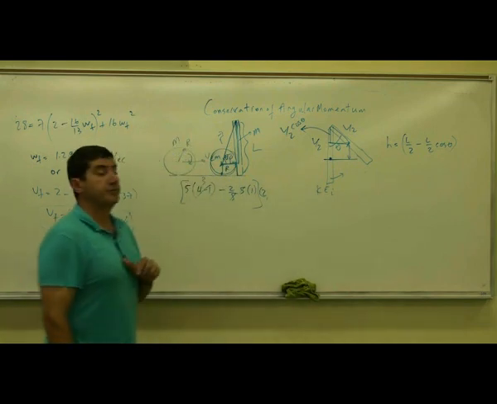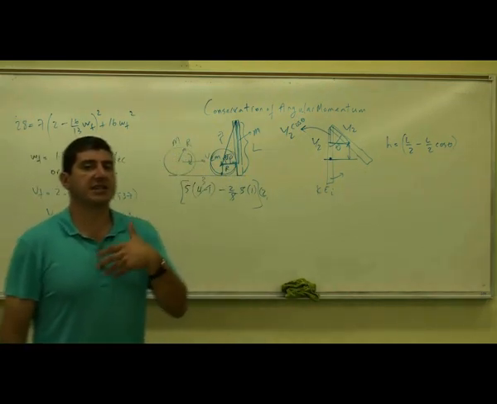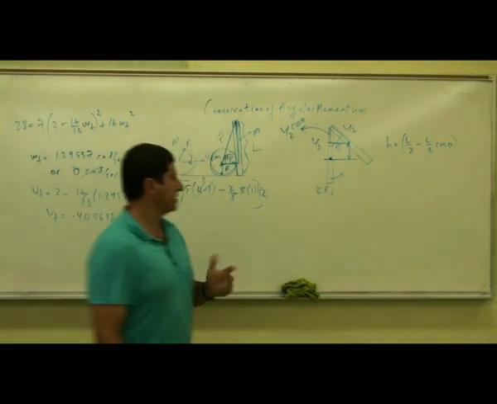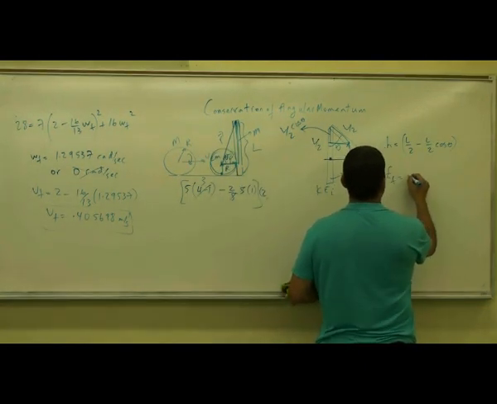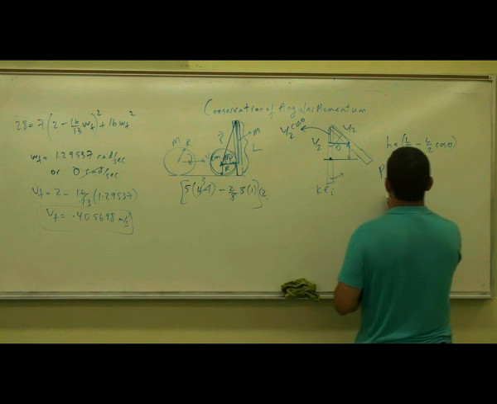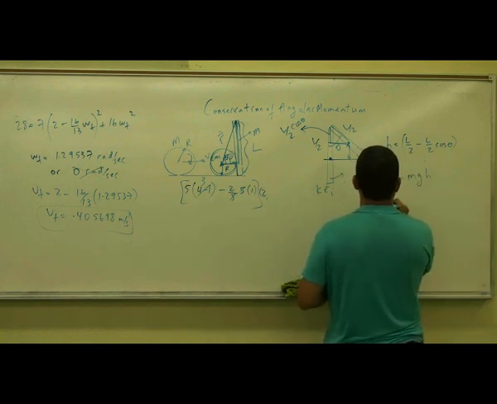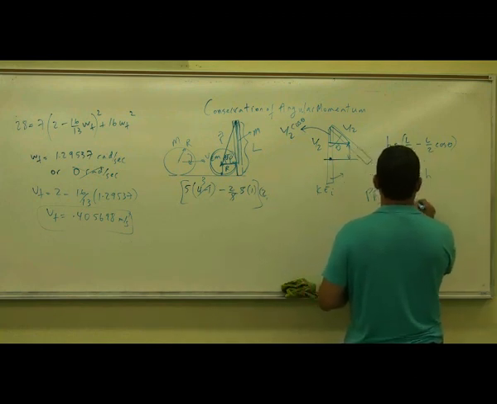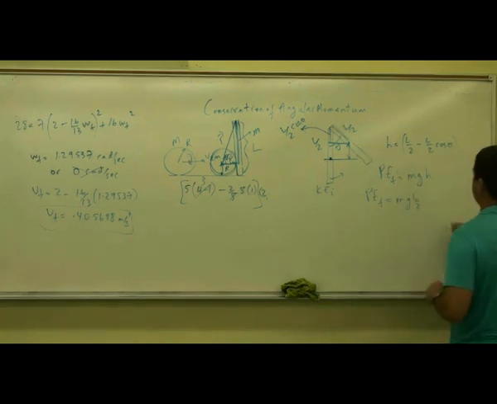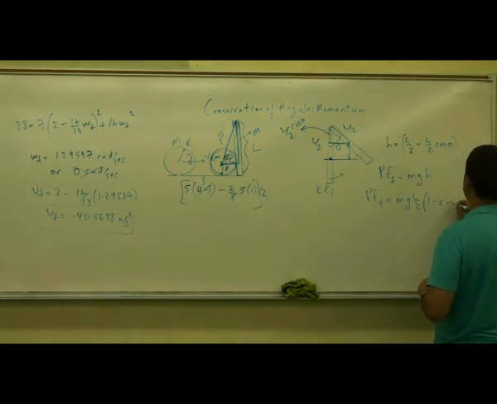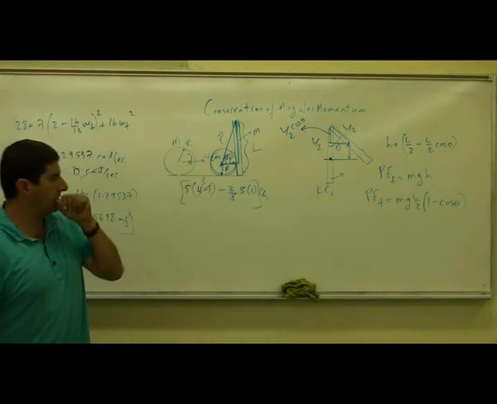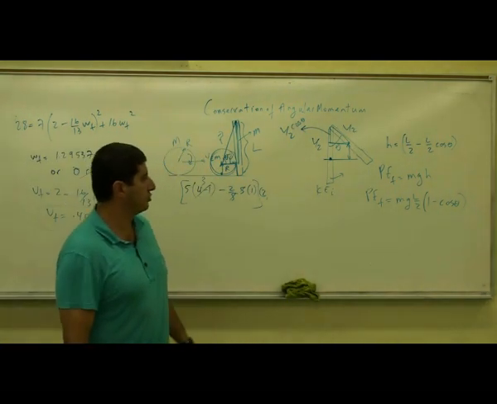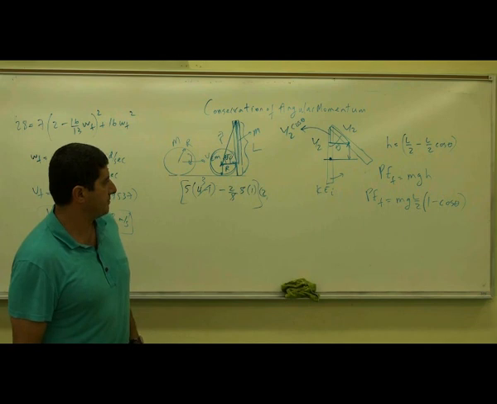Okay? So the potential energy that the rod is going to gain as a result of rising, the final potential energy, is equal to mgh. So mg times L over 2, we can factor out L over 2, 1 minus cosine theta.